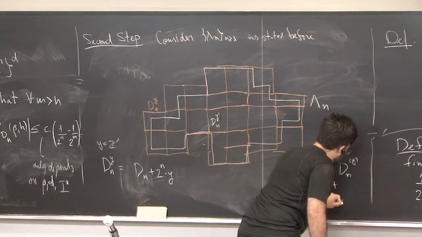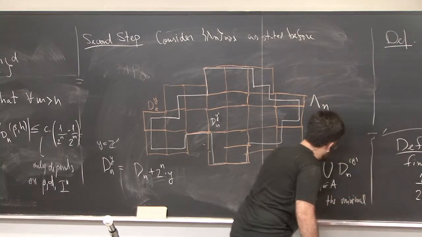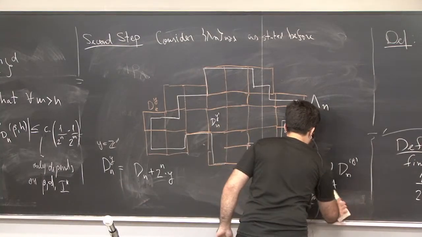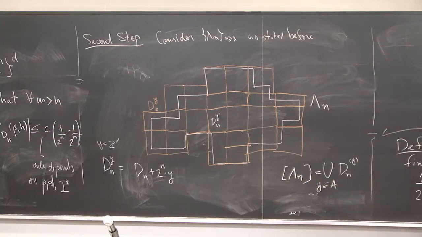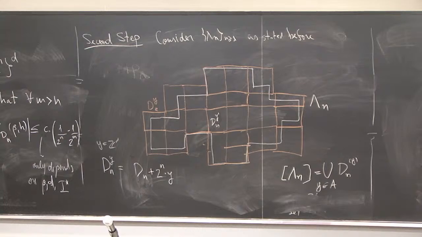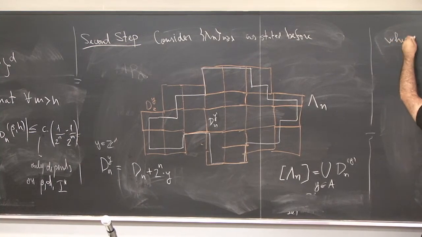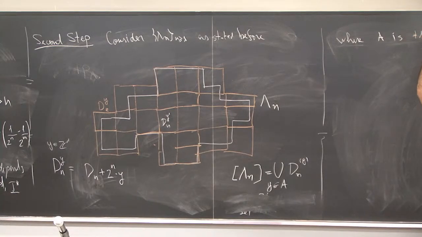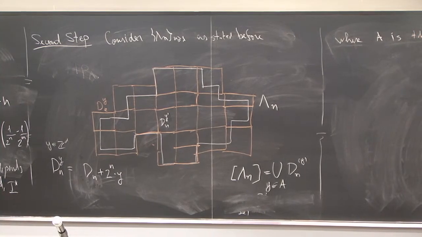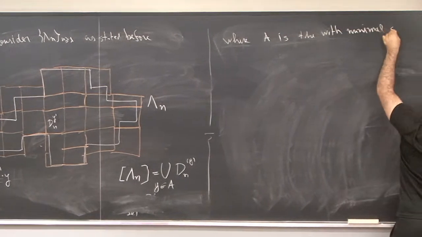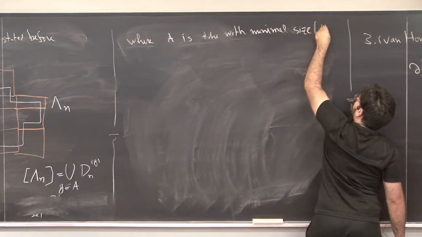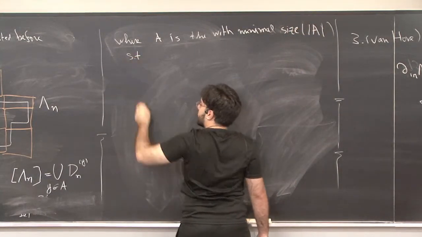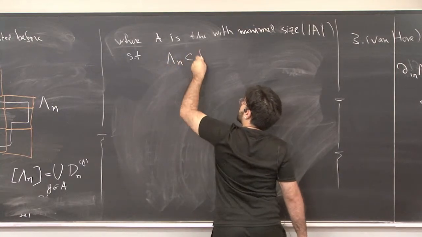So the minimal set, where A is the set with minimal size, and by size I mean the number of points, such that this property holds.